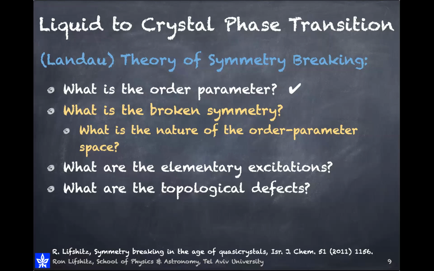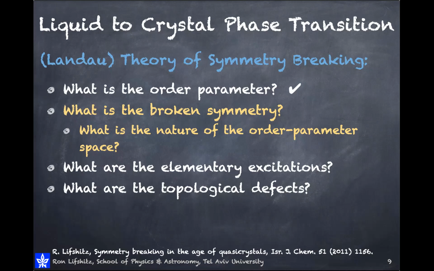And once we break that symmetry, it's clear that if we have a particular minimum state of that free energy, a particular crystal that minimizes that free energy, and I apply some of that symmetry that I have lost, it will not be a symmetry of the crystalline state, but it will rather take me from one possible minimum state of the free energy to an alternative possible minimum state of the free energy. And I would like to characterize the space, we often call it the order parameter space, the space of all the degenerate alternative minima of this free energy.